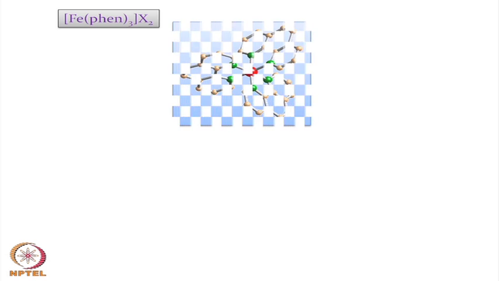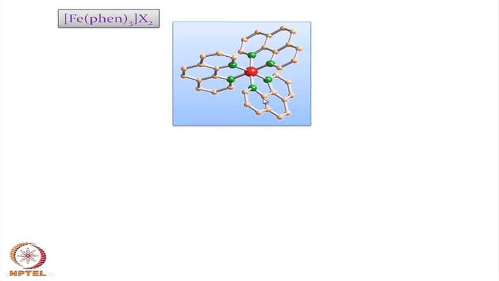So, we just simply take the tris phenanthroline compound. It is a very useful compound. We will find this compound in optical spectroscopy also. So, when 3 phenanthroline ligands are attached to the iron site in the ferrous state, we get a compound like this. We have the octahedral center, and this octahedral center nicely provides the corresponding tris chelate, and it is in the ferrous state.